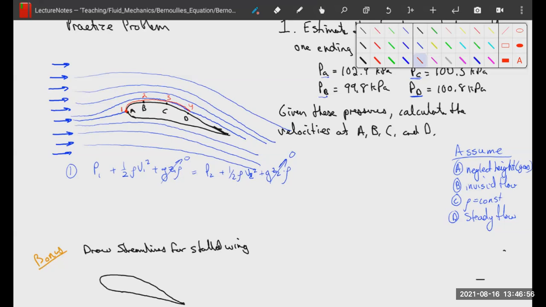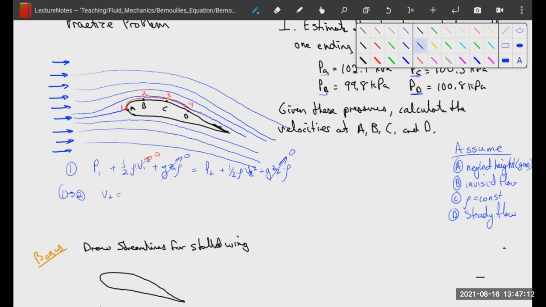So we can then simplify Bernoulli's a little bit. We can say that now that we know that our starting velocity V1 is going to be equal to 0 all the time, we can rewrite this 1 to 2 as, if we simplify it, V2 is equal to the square root of 2 times P1 minus P2 over rho.